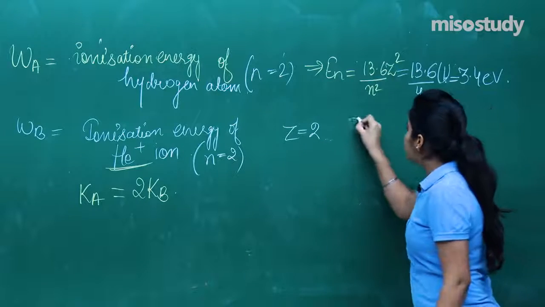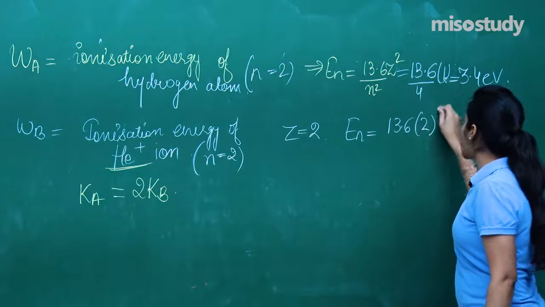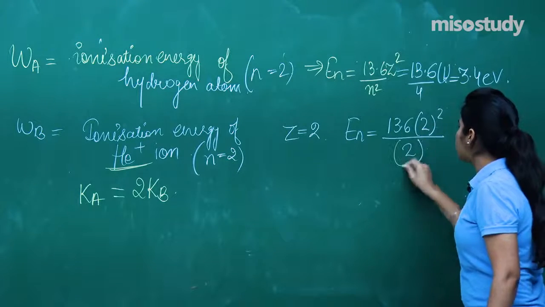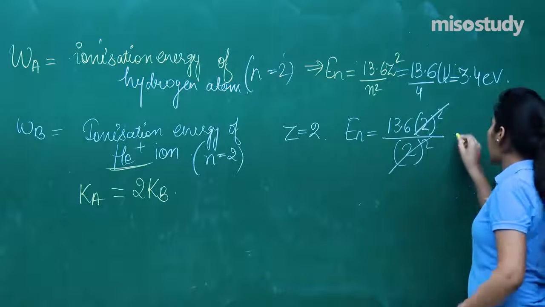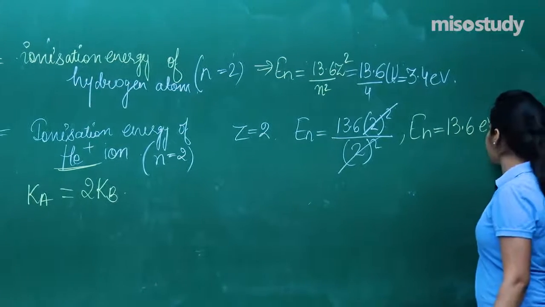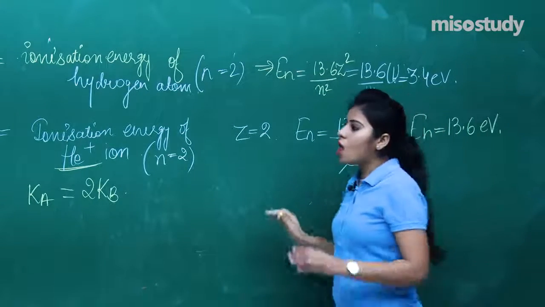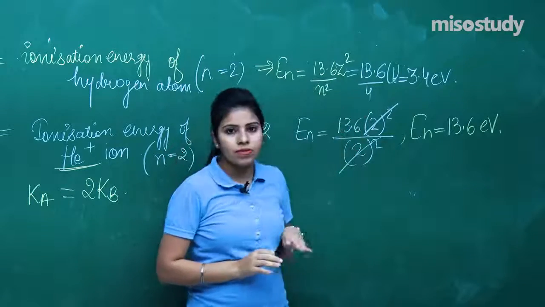Now for here, En equals 13.6 into 2 square by 2 square, because n is 2. So this has been cancelled, and we have En as 13.6 electron volt. Now I have found the ionization energies.